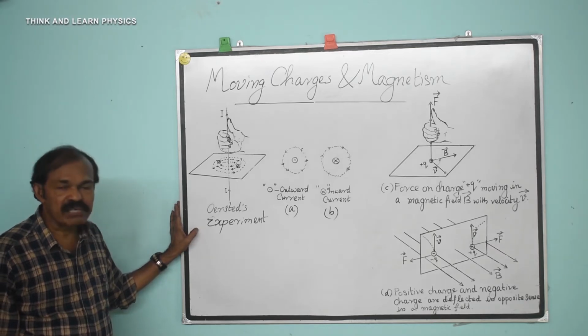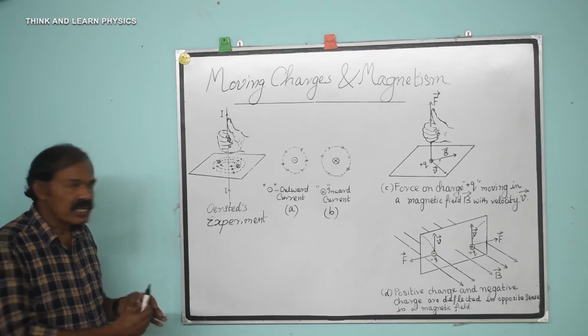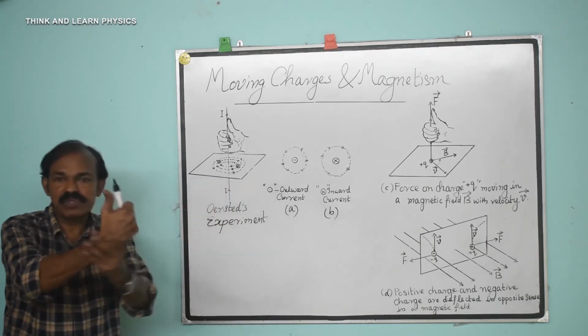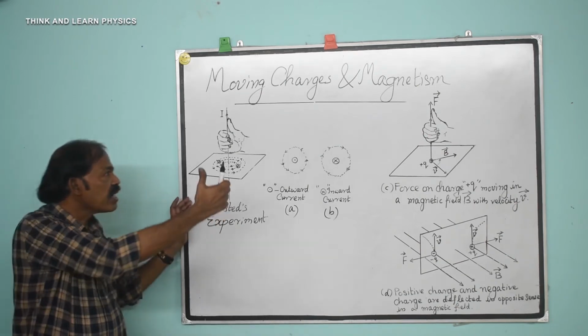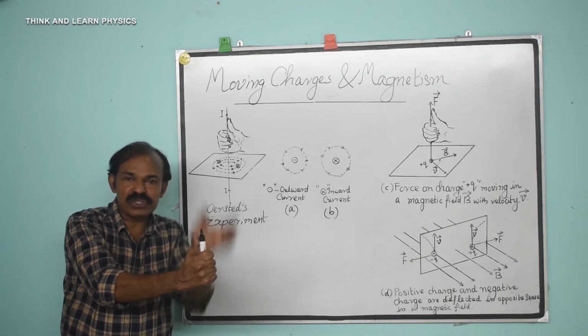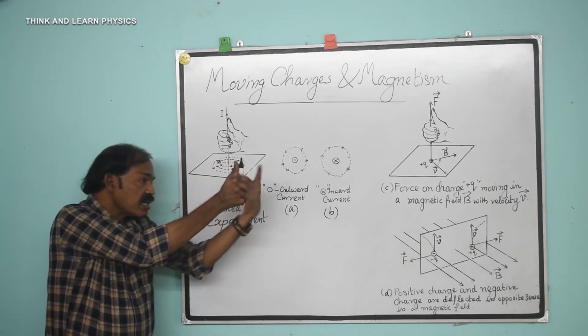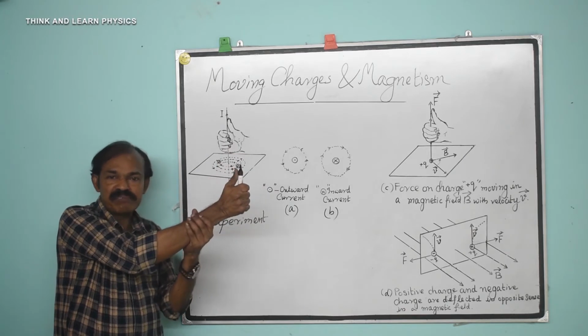The direction of the magnetic field is given by the right hand thumb rule, Fleming's right hand rule. If the current carrying conductor is held in the right hand such that the thumb gives the direction of the current, then the curled fingers around the conductor give the direction of the magnetic field.